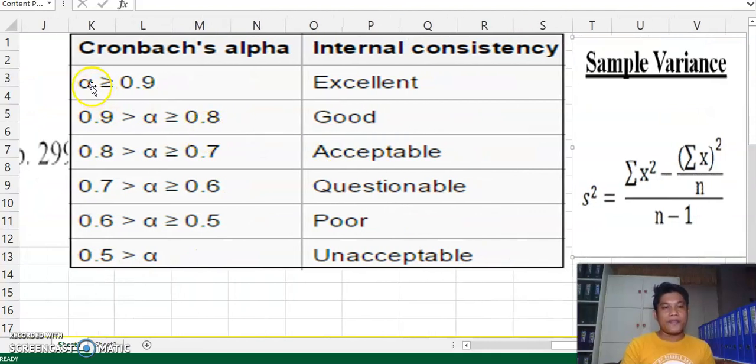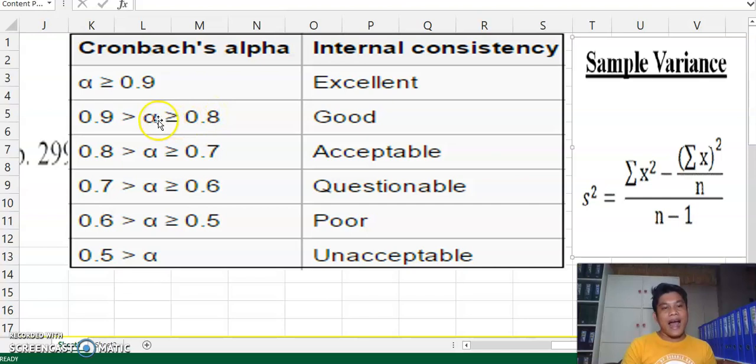So if the alpha is greater than or equal to 0.9, meaning it will start from, for example, 0.901, then you can say that your questionnaire is excellent, meaning you are already confident to distribute the questionnaire for data gathering.